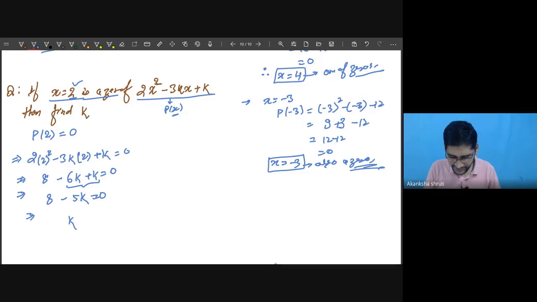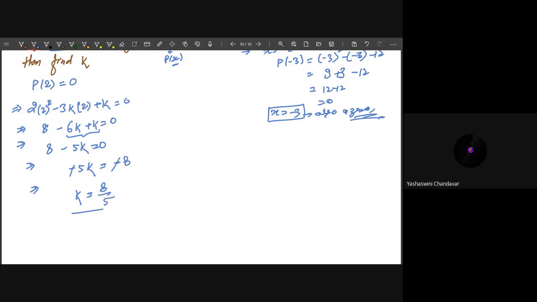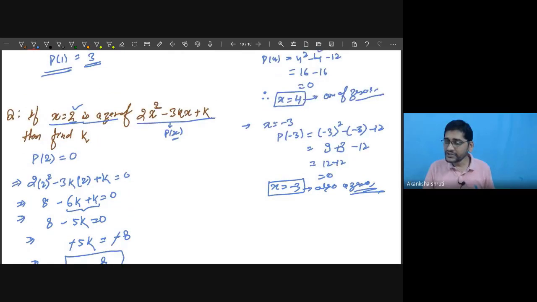So what is the value of k? Let me solve it. Minus 5k equals minus 8, this minus minus gets cancelled. So k is calculated by dividing by 5. This way k can be determined. This question is quite common, so you need to apply this.